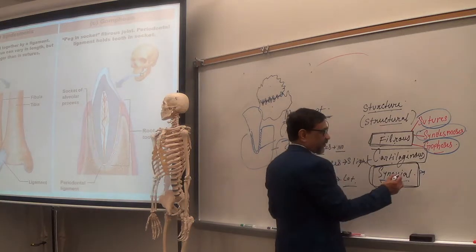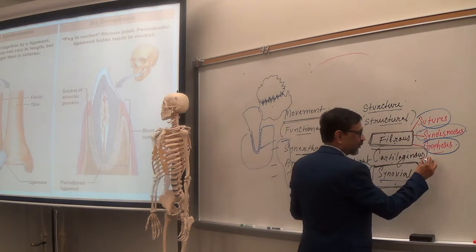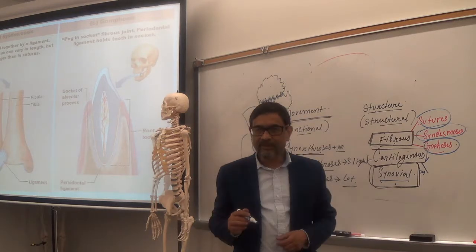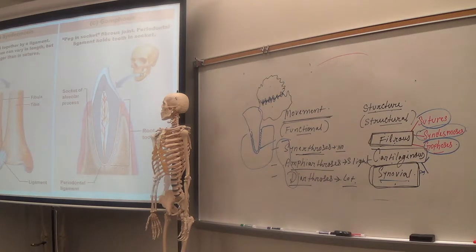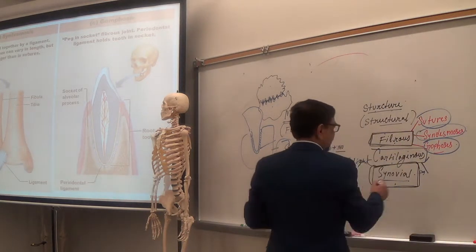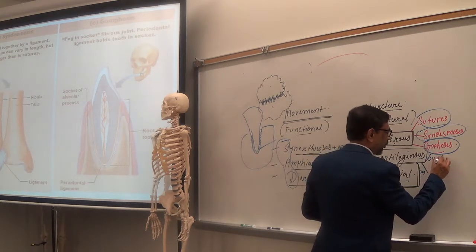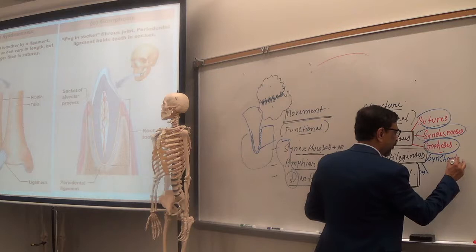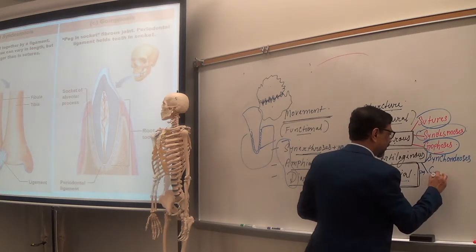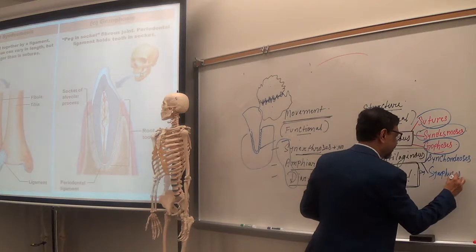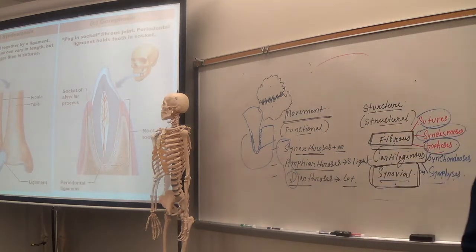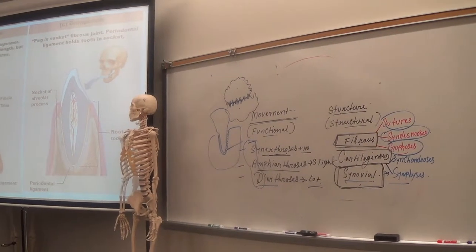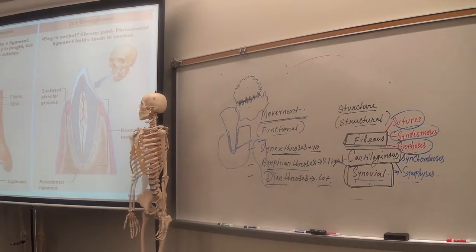Now cartilaginous could be 2 types, synchondrosis and symphysis. Very simple, remember, these are 2 types of what?